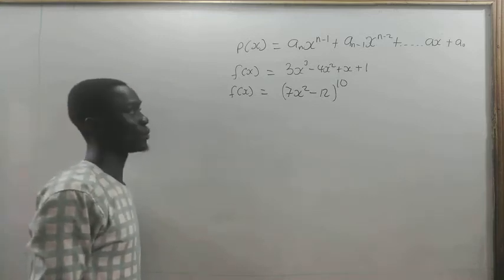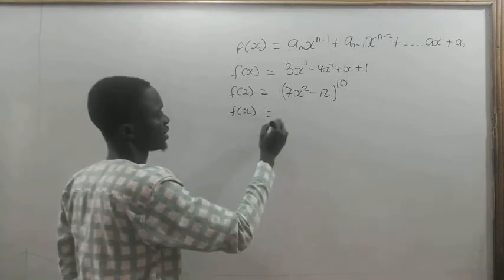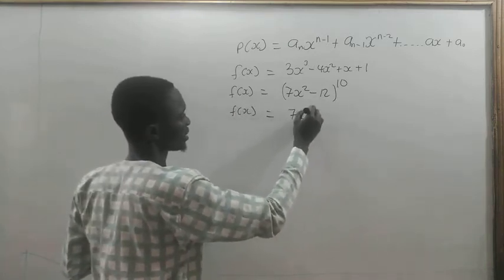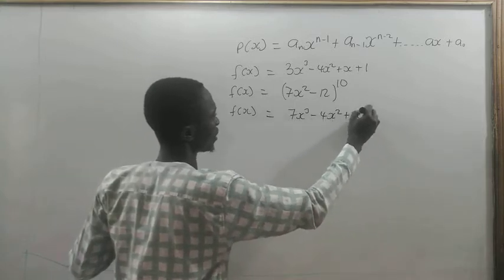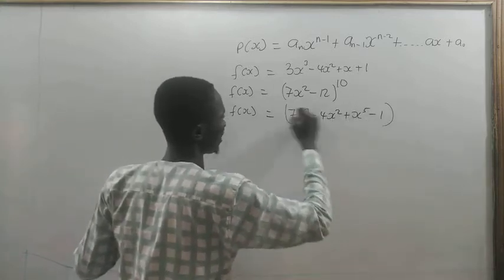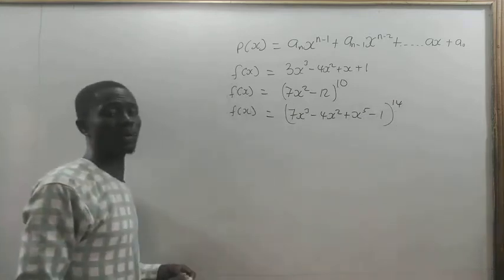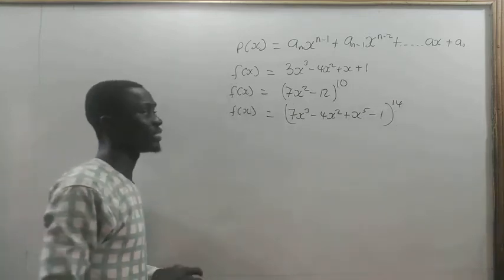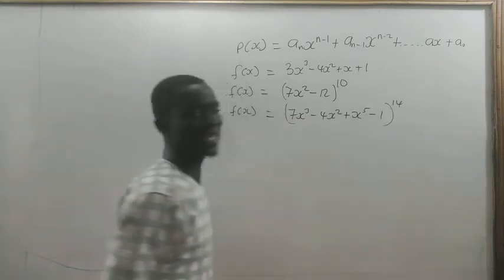Let's say f of x is equal to (7x cubed minus 4x squared plus x to the power 5 minus 1), and let me raise it to the power 14. It is still a polynomial function because a polynomial function is multiplying itself 14 times.